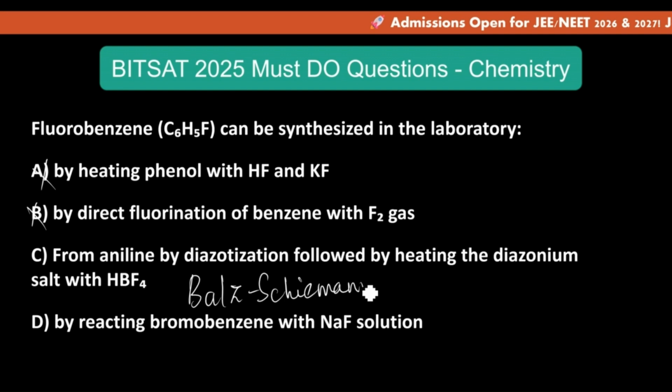Do you remember? And the last one is bromobenzene with NaF solution. This is nucleophilic substitution on aryl halide. Not directly, it will not give fluorobenzene, so this is also not feasible. So option C is your right answer.